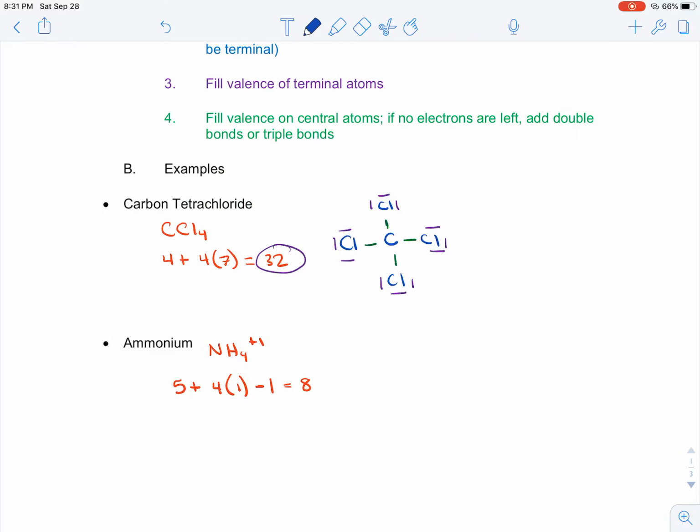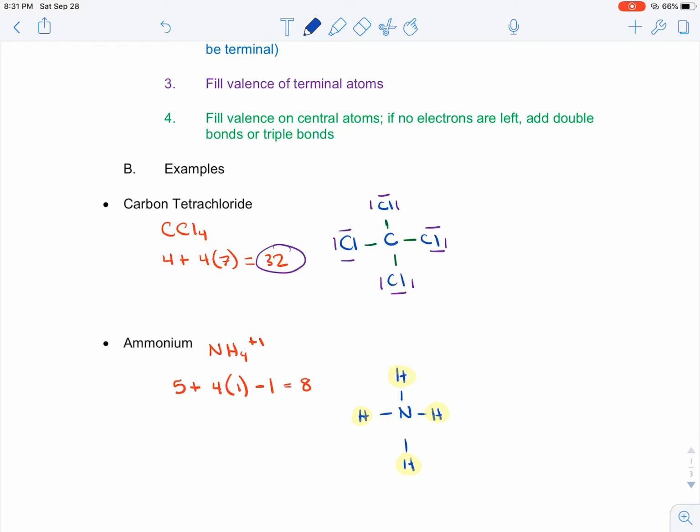Our second step is to draw the skeletal structure. Remember, we're choosing the least electronegative unless it's hydrogen, and hydrogen always has to be terminal. Hydrogen always has to be out here on the edges because it can only have 2 electrons. So that's why hydrogen is out here on the edges.